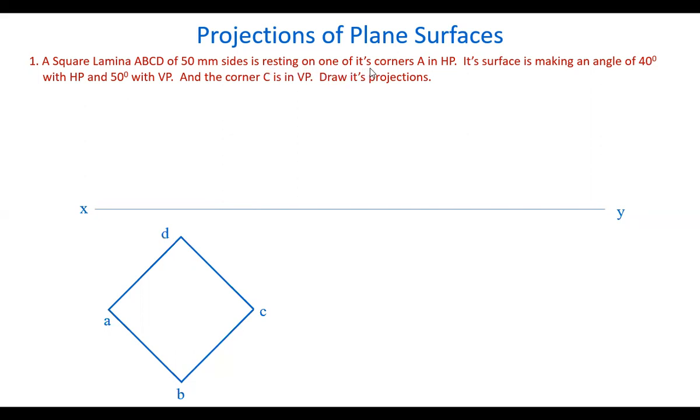It is resting on one of its corners in HP, so something of this plane is in the HP. That's why take the plane in HP. And we want a corner in HP, so try to get a corner on either the left side or the right side. Because of the even number of corners, if you take a corner on the left side, automatically on the right side also you will get a corner. So here, let us see how to draw it.